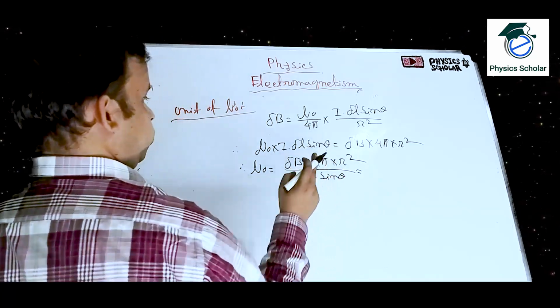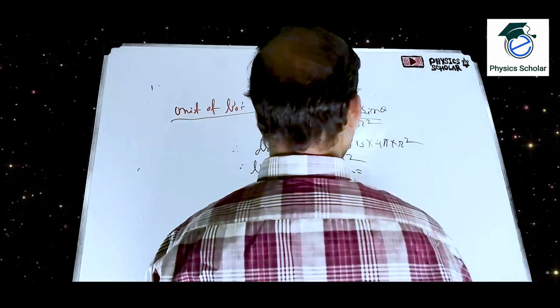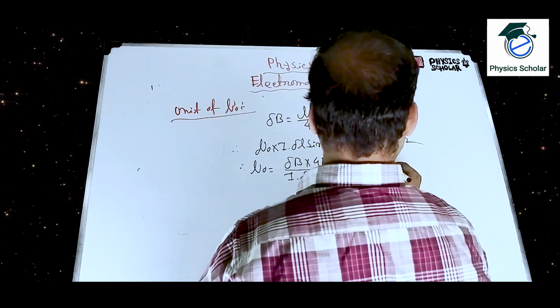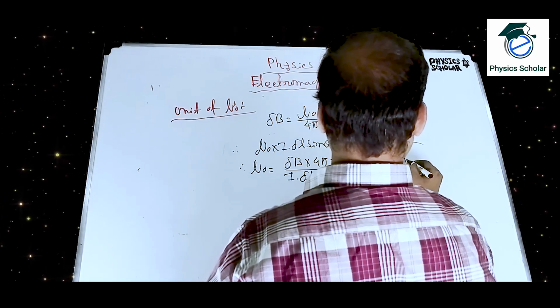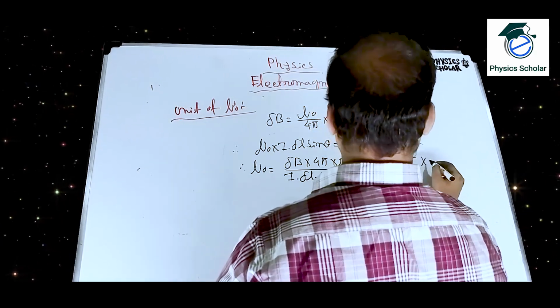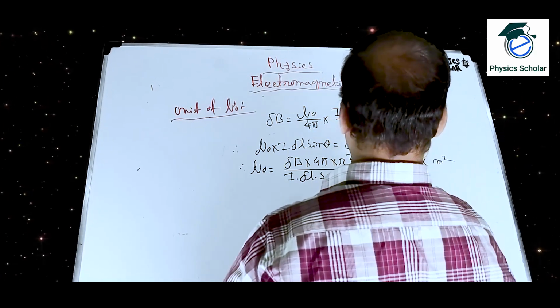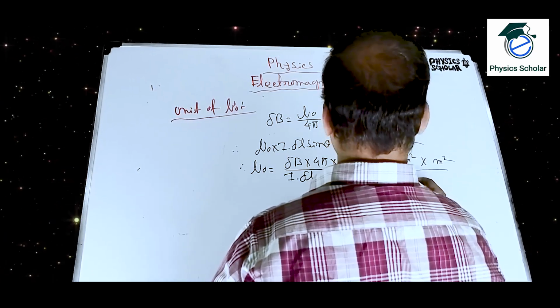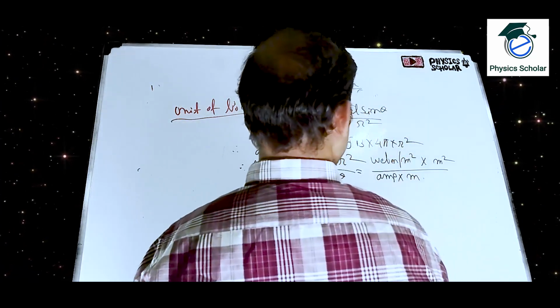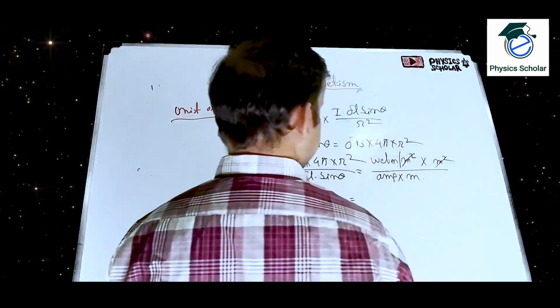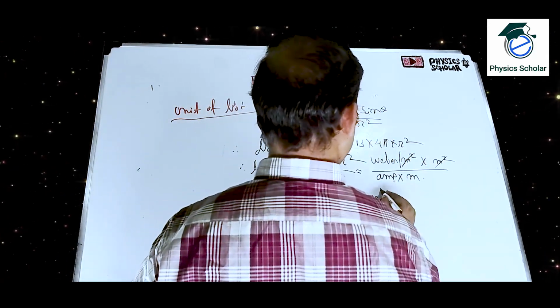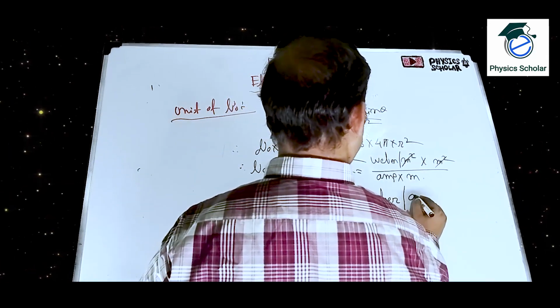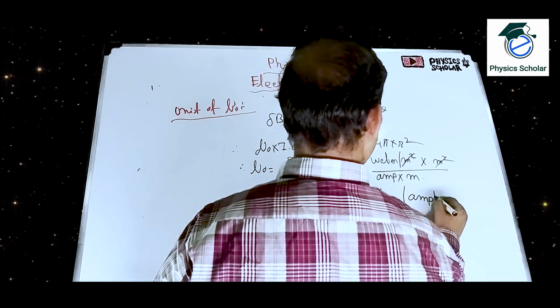Now sin theta and 4 pi don't have any unit. So delta B means Weber per meter square, into r means meter square, divided by I into delta L means ampere into meter. Clear? So this meter square we cancelled. So it is Weber per ampere per meter.